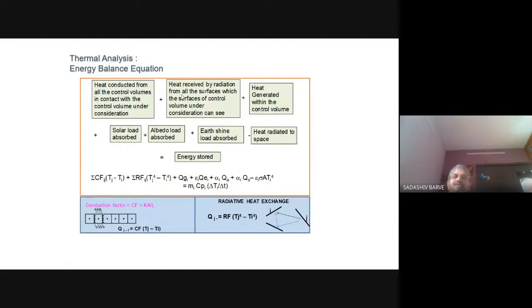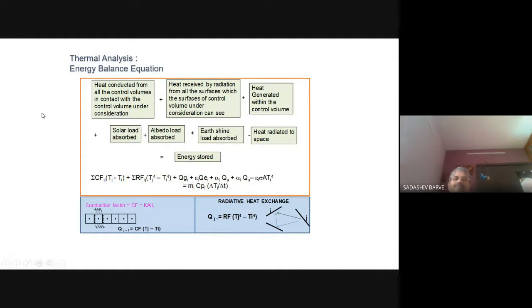If they are in the same plane, only then you will have some kind of reflected radiation. Otherwise, the portion of radiation it gets is from the surface it is seeing. Heat generated within: some of the elements may have some electronics package. That means they will be getting some portion of the heat generated by that package, carried to that particular element by virtue of conduction.